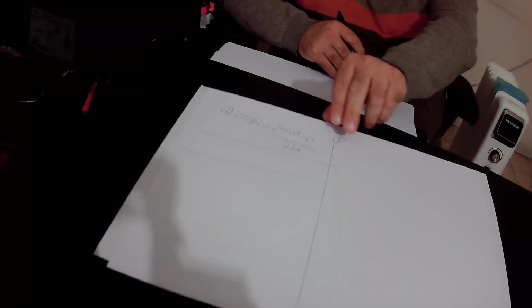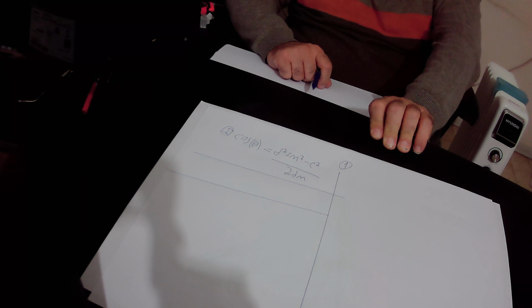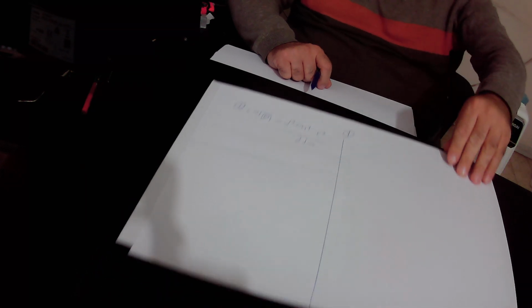So this equation number 1 is the implementation of the law of cosines in the green triangle ABD.